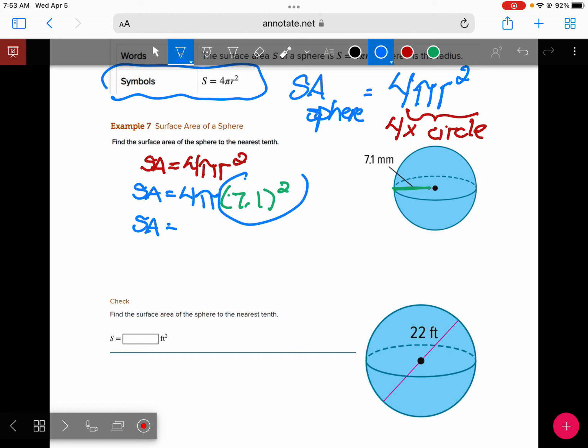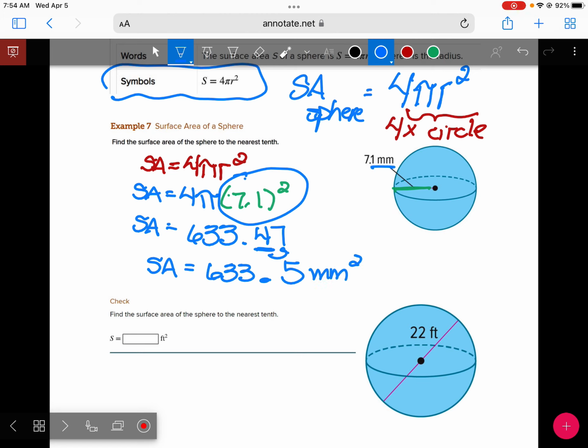So take the 7.1, square that first, multiply times 4 times pi. You should get 633.47. If we round this to the tenths place, I see this is 7. That's 5 or more. So this 4 is going to go up to 5. So that is 633.5 millimeters squared.